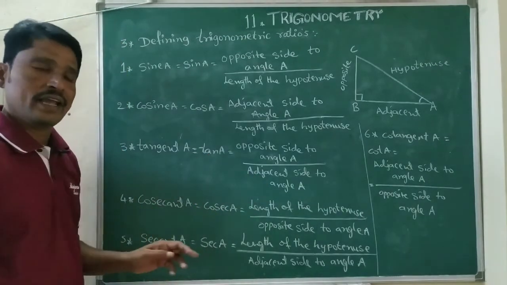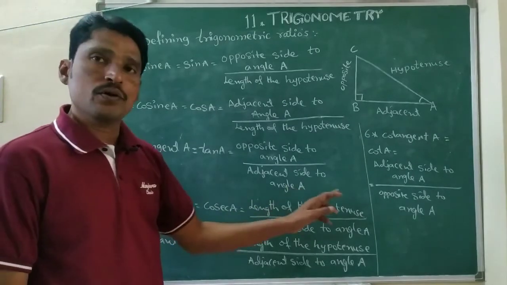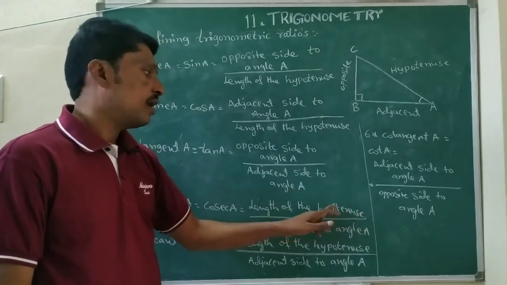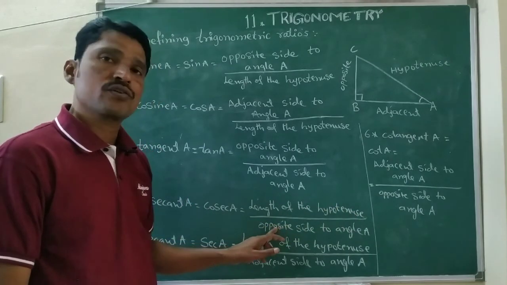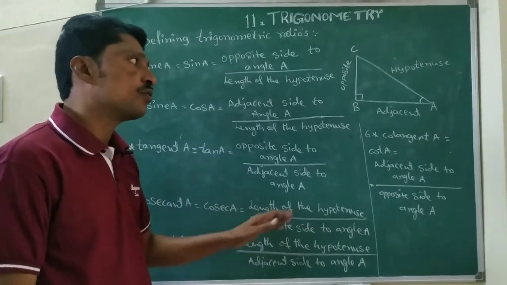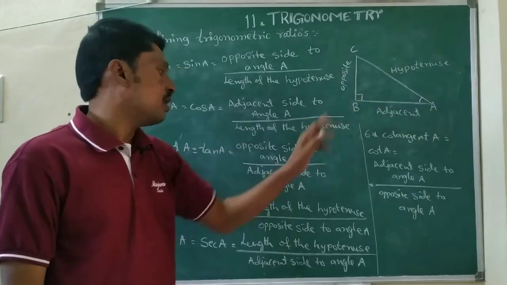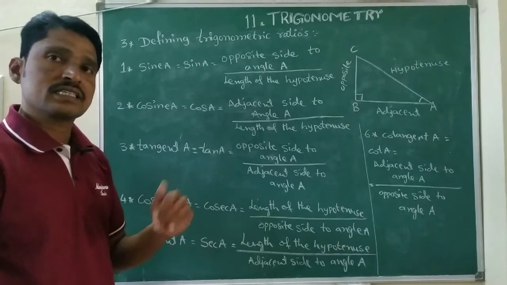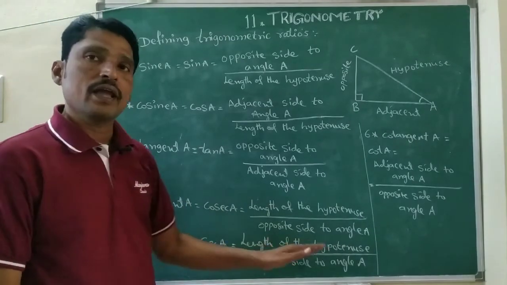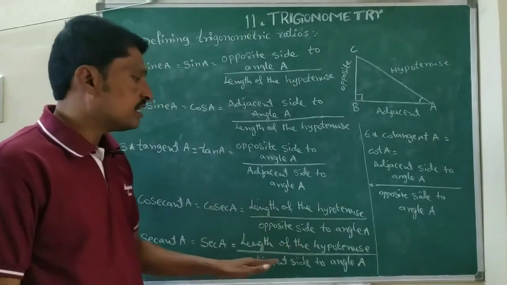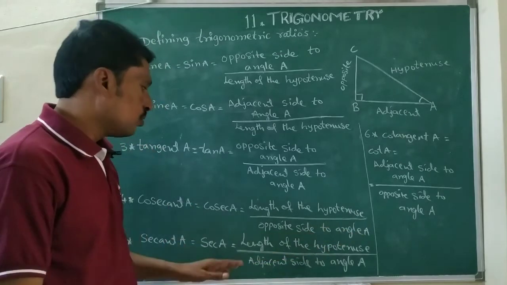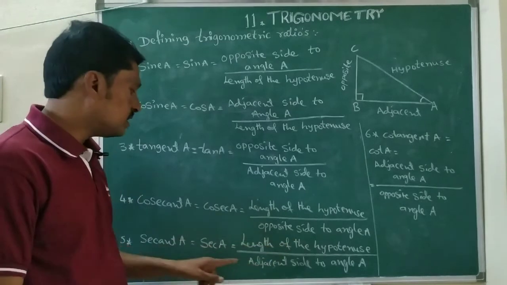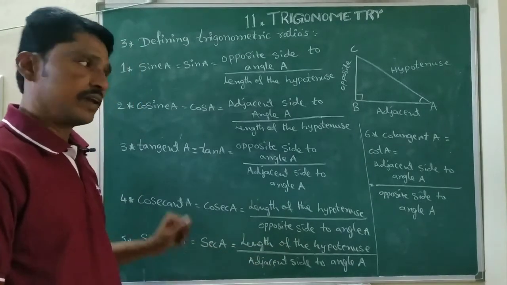Next, cosec A: the length of the hypotenuse by the opposite side to angle A. Hypotenuse by opposite we are taking as cosec. Next, sec: the length of the hypotenuse by the adjacent side to angle A. So hypotenuse by adjacent we are taking as sec.